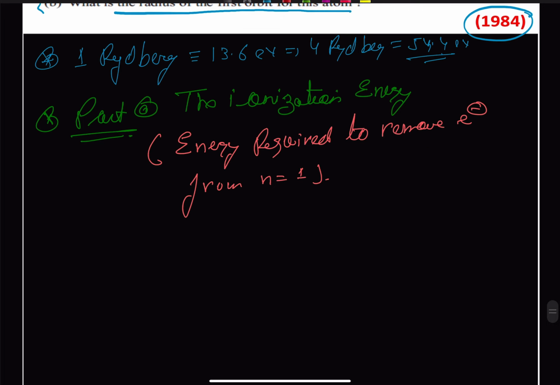From the standard formula we already know that E of n is equal to minus 13.6 into Z square divided by n square.